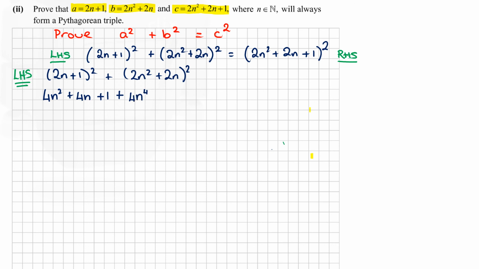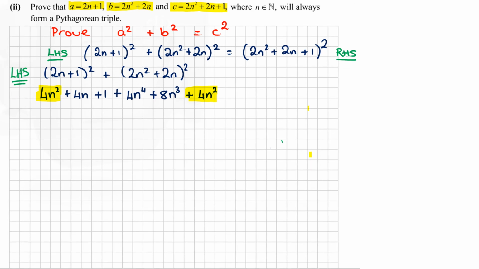So when we're squaring n squared, we get power of 4, plus twice the first by the second, so we get 8n cubed, plus square the last, 4n squared. Now we need to see, is there any kind of cleanup that we can do? And there is, because we have this 4n squared here and a 4n squared here. Other than that, we have no cleanup, so let's write it out.